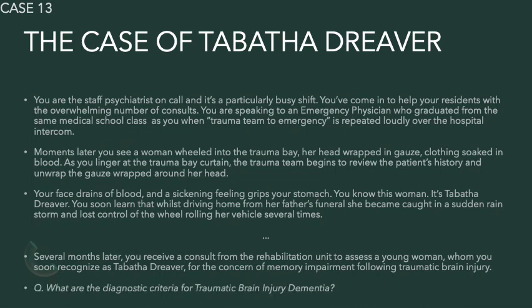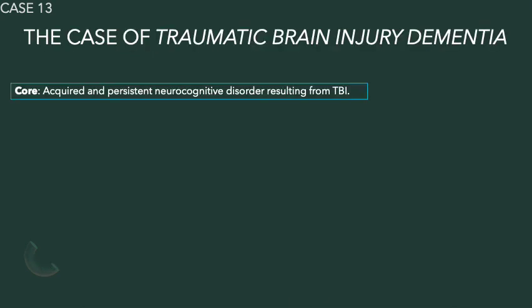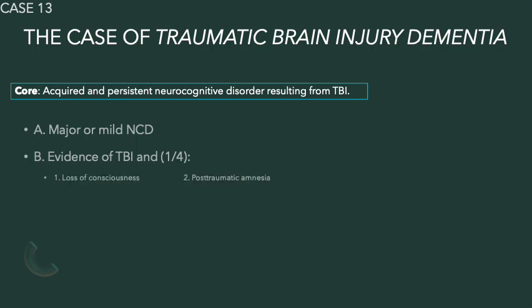What are the diagnostic criteria for traumatic brain injury dementia? The core feature is acquired and persistent neurocognitive disorder resulting from TBI. Criteria include major or mild neurocognitive disorder and evidence of TBI along with one of the following four.